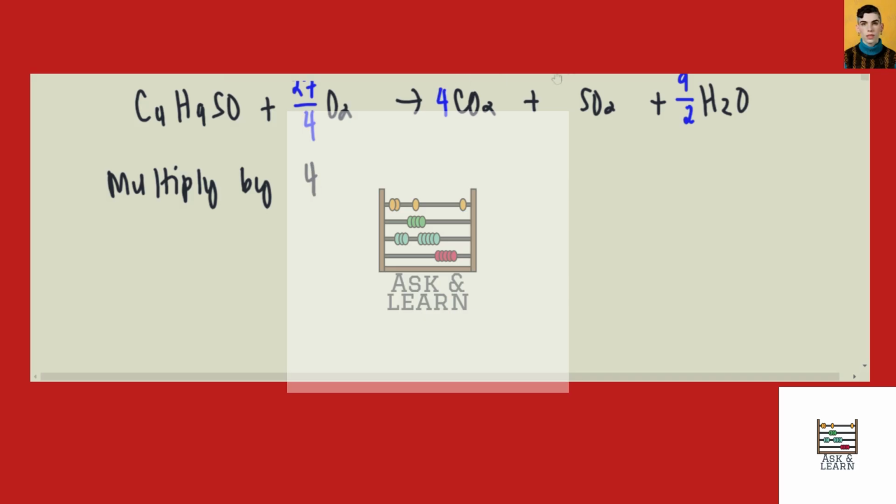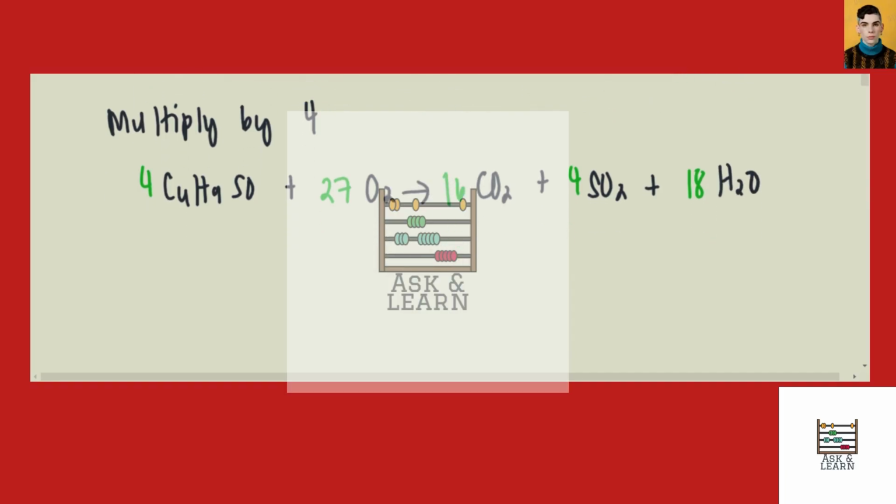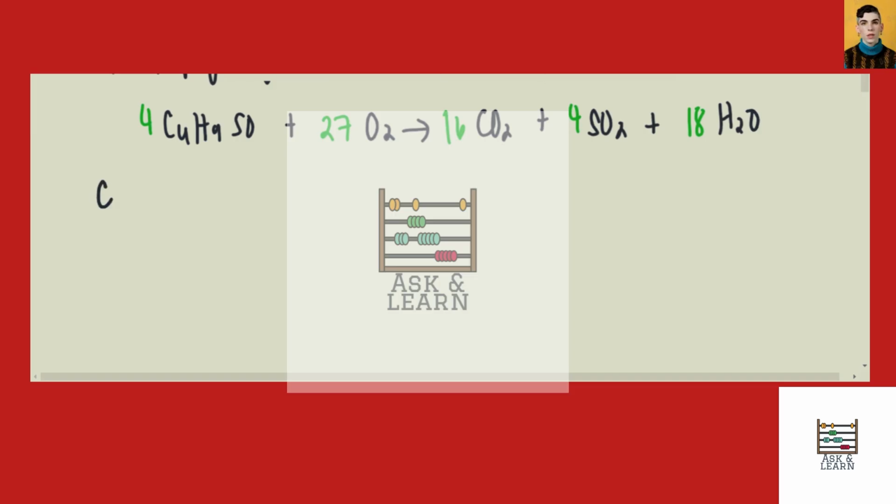So doing that gives us 4 C4H9SO plus 27 O2, and then you have 4 times 4, that makes it 16 CO2, plus 4 SO2, plus this is now 18 H2O.